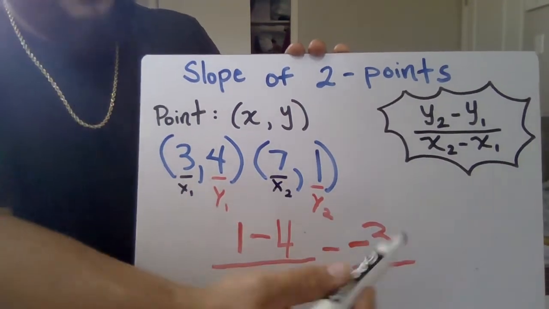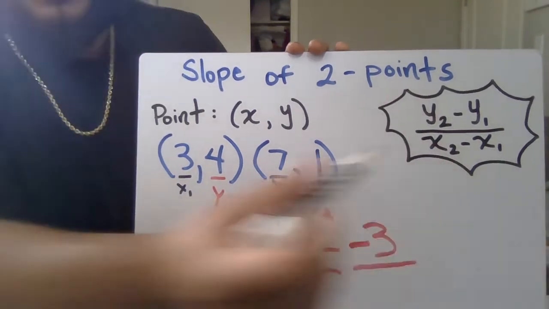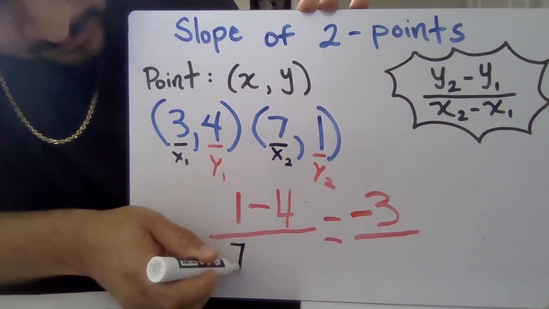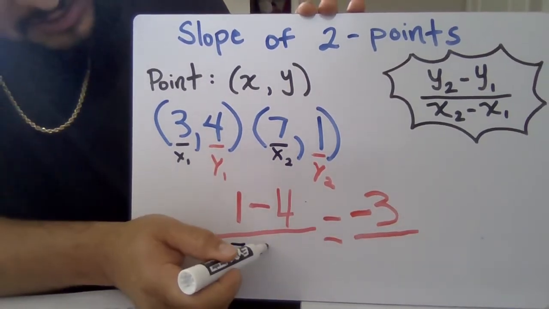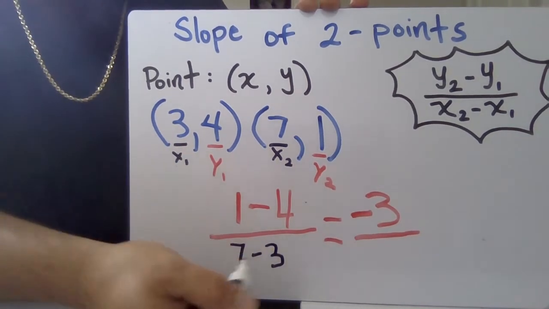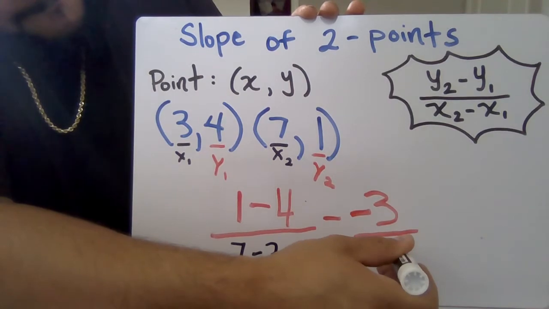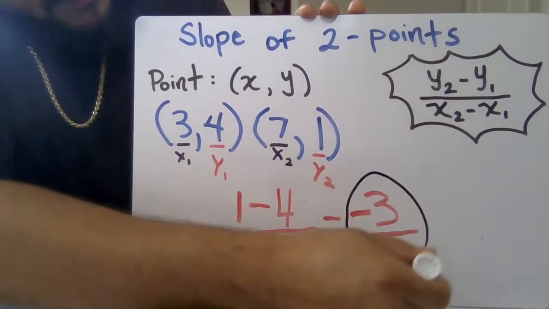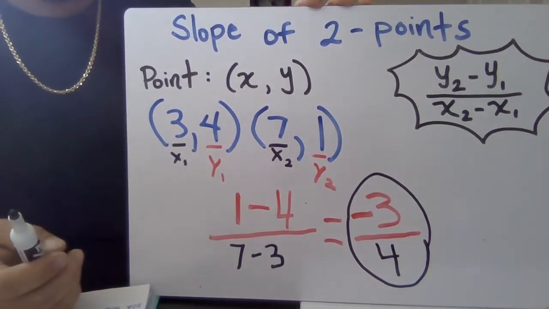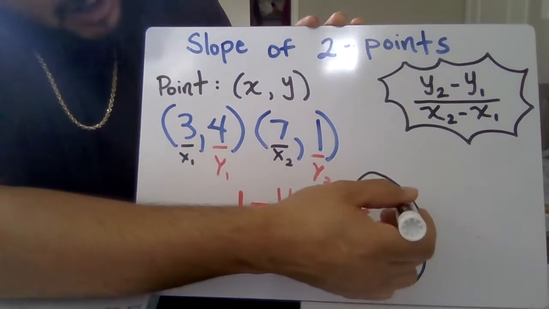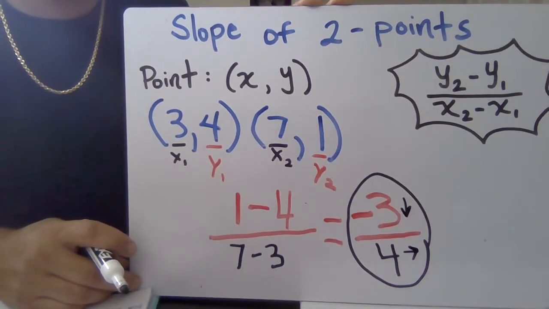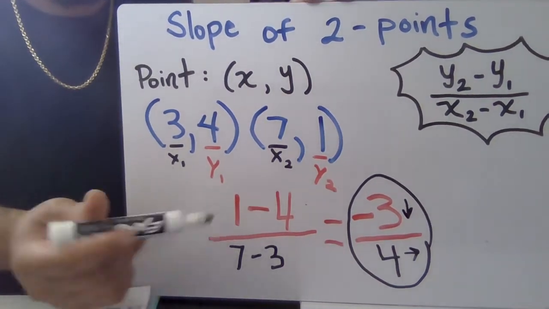So I'm going to subtract the second x, which is 7, minus the first x, which is 3. And 7 minus 3 will give me 4. So we now found that the slope of the line between these 2 points is down 3, right 4. That is our slope, and we found it mathematically by finding their difference.